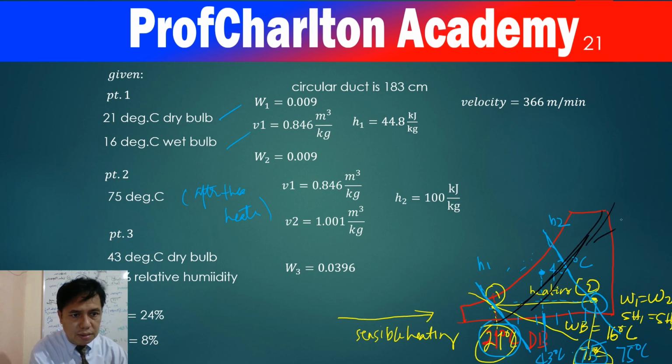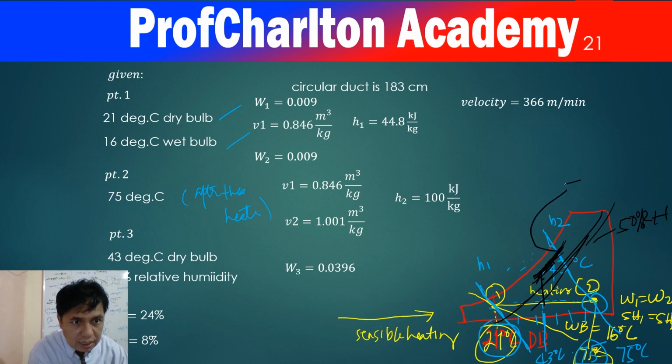Somewhere in the middle, this curve is the relative humidity. Let us say 50% relative humidity. So to get the 70, we go 50, then 60, then 70. Maybe somewhere here is the 70 and the 43. So 43 vertical upward, then 70.